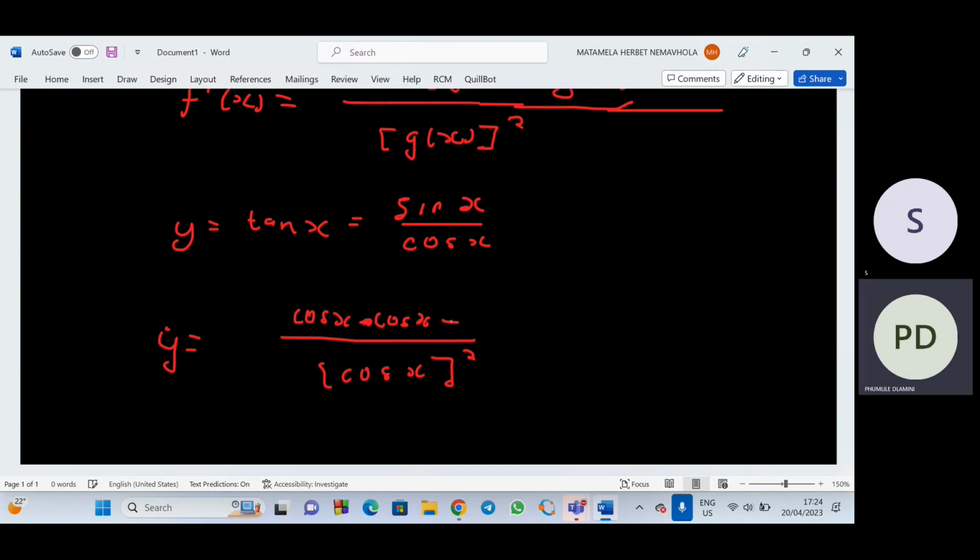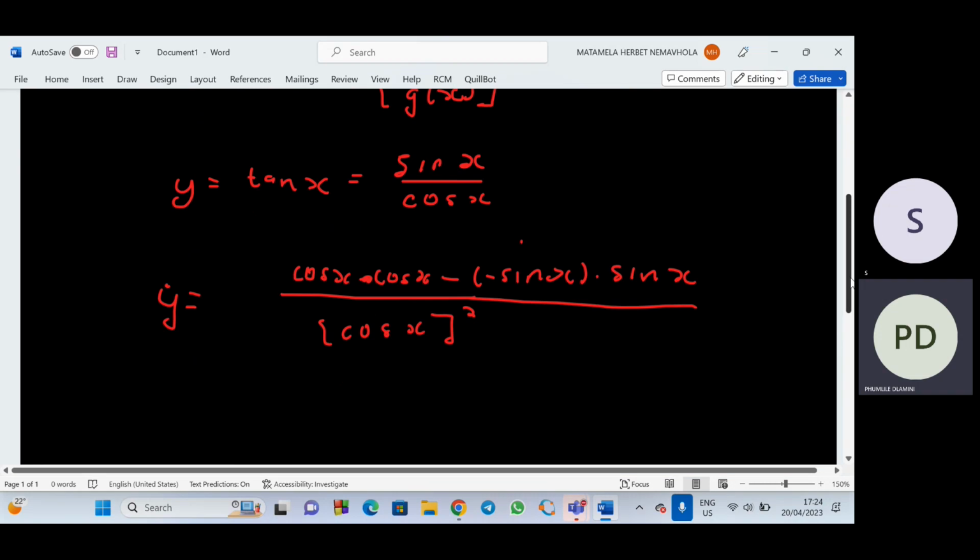Then minus, I differentiate cos x, which gives minus sine of x, and multiply it by sine x.